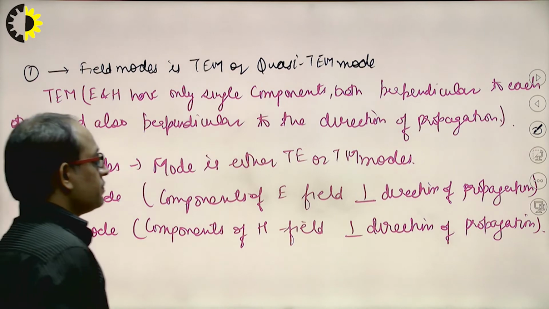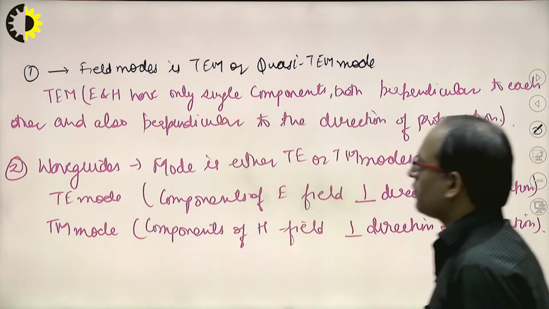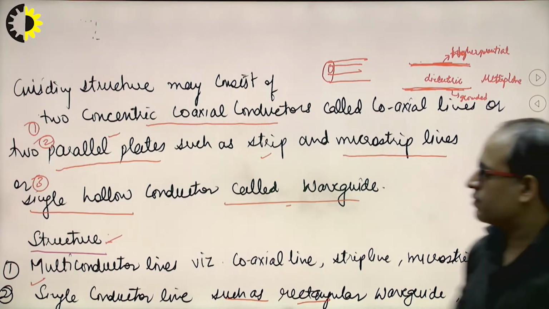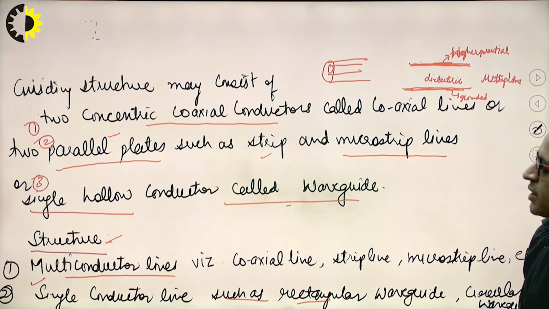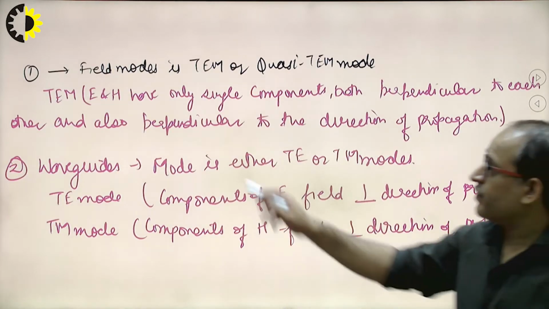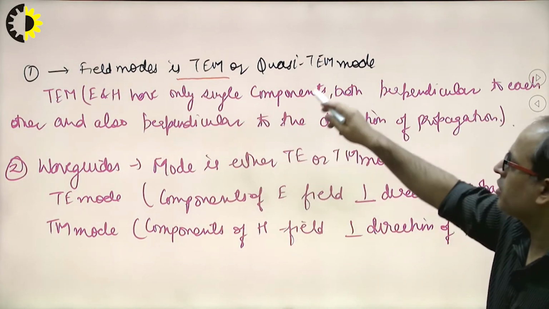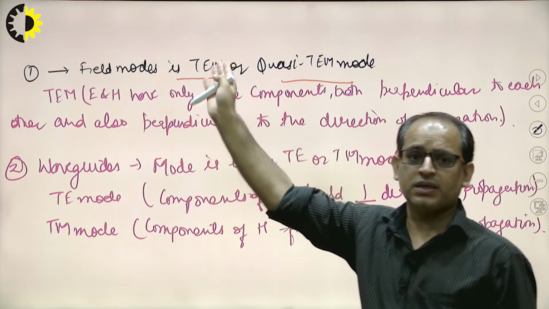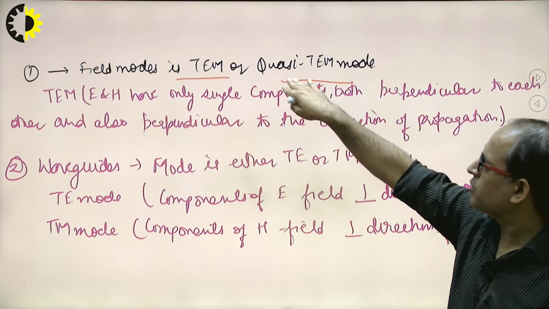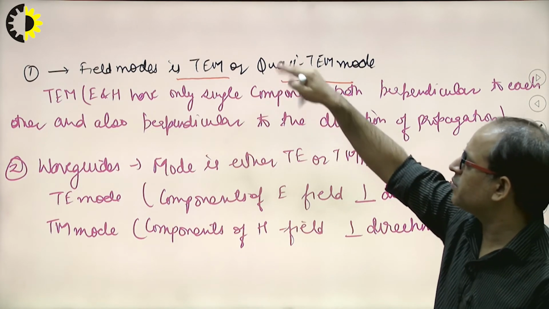Now see, for the transmission of signal through the multi-conductor lines or two parallel plate conductor lines, the field mode will be TEM or quasi-TEM mode. TEM mode exists in the stripline, and quasi-TEM mode exists in the microstrip line.